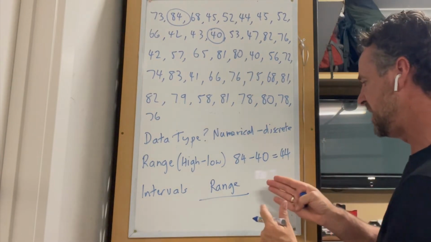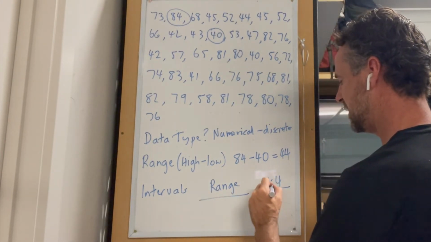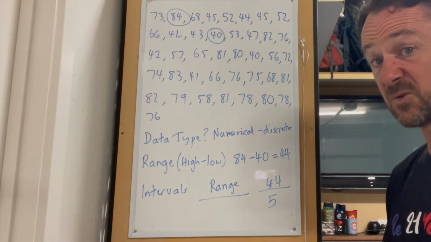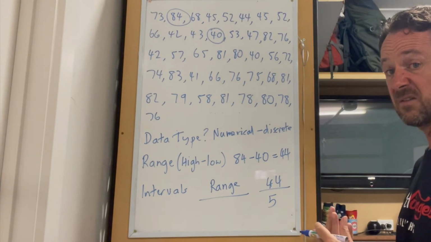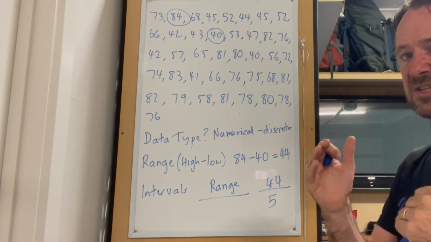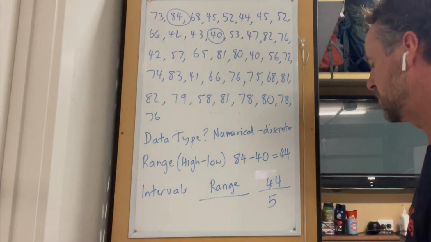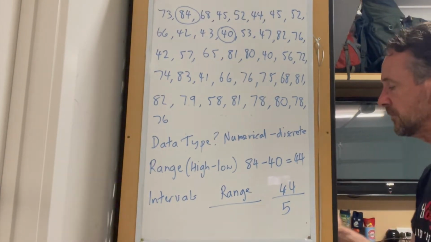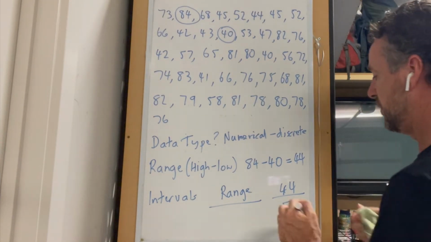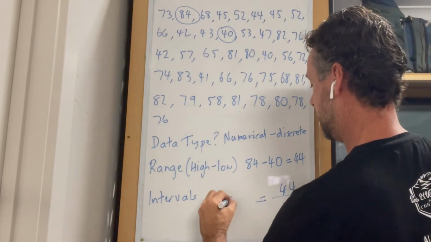In this example, we've got 44, and we want to divide it by 5. I say 5 because 5 eights are 40, 5 nines are 45, and so that gives us a number between 0 and 10 that seems appropriate for this group. Once we do that division, we see that it gives us an answer of 8.8.